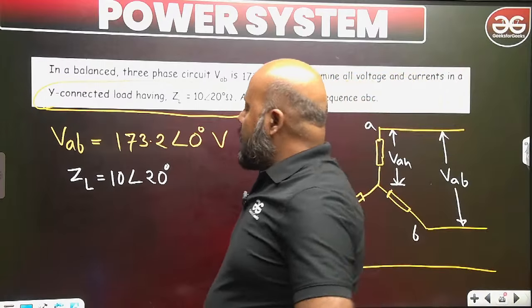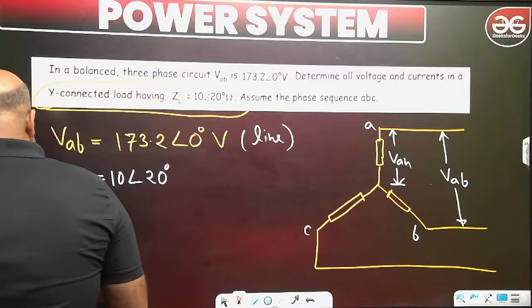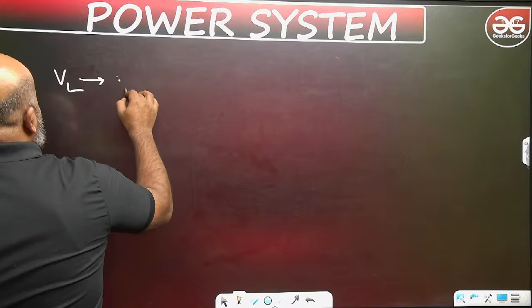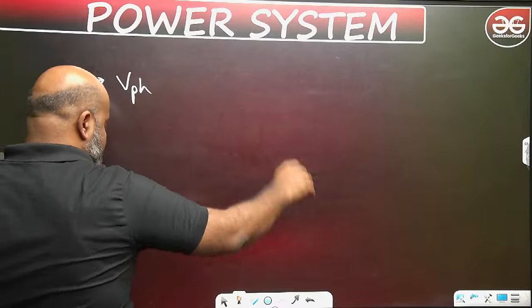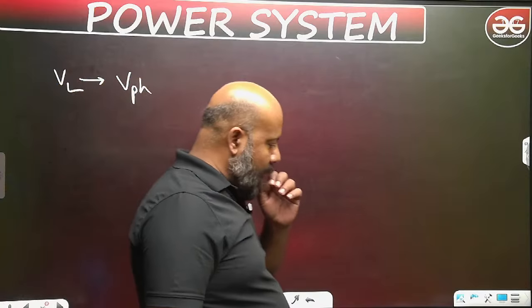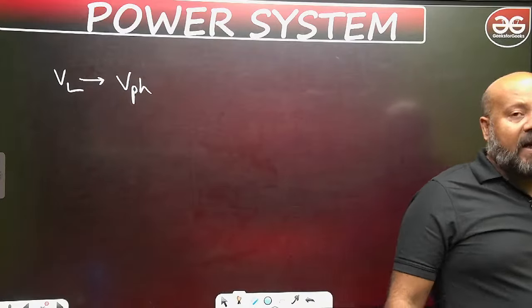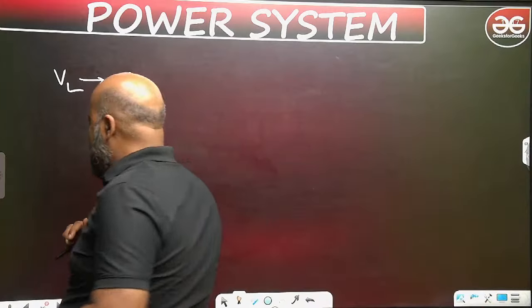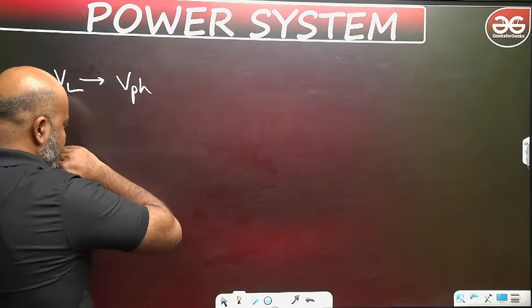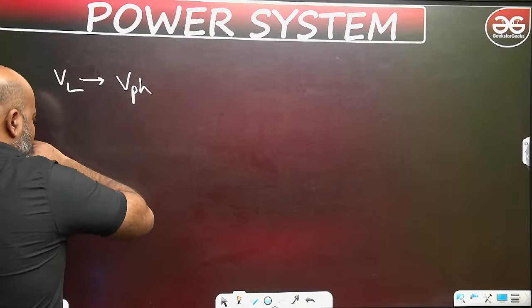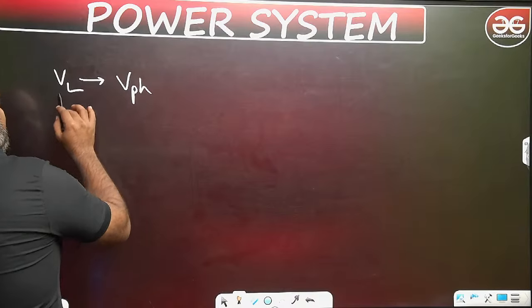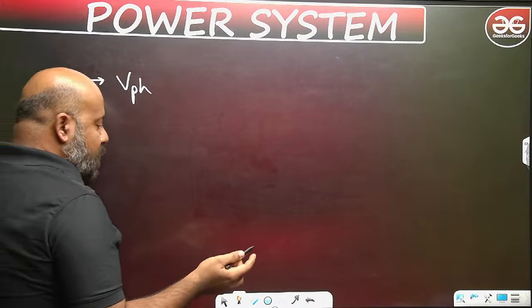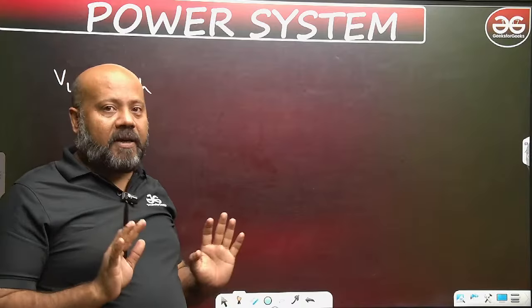Now suppose if you are having the line voltage, can you write the phase voltage? Yesterday we have seen, yes. In case of a star connection, the line voltage is going to lead the phase voltage by 30 degree.